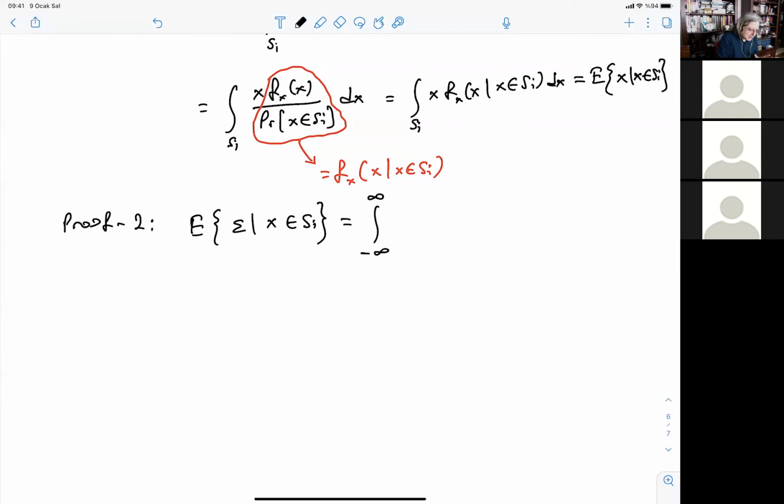First of all, the expected value is obtained by an integral which gives us the expected value. So what's the parameter that we are integrating? It is epsilon. And what is the probability density function? It's the conditional probability density function of x, like this. All right.